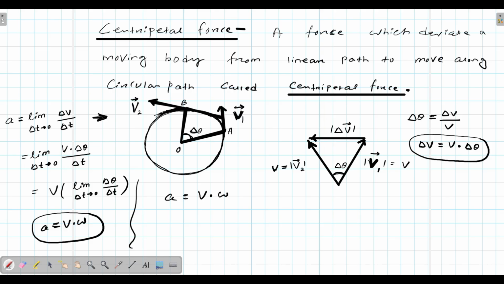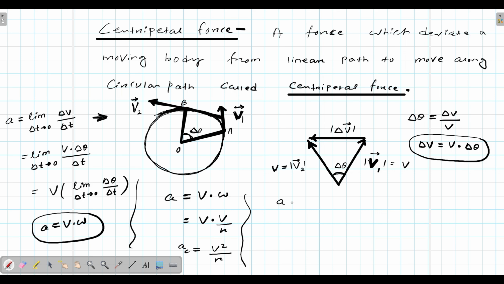Omega is V by R. A equals V square divided by R. So this is centripetal acceleration, V square by R. So centripetal acceleration equals how much?